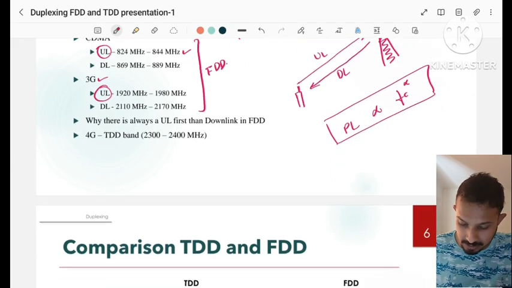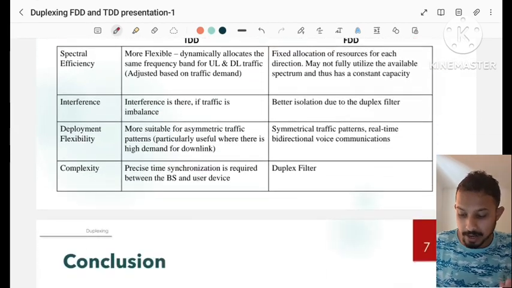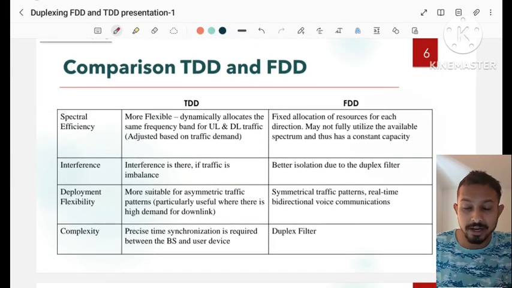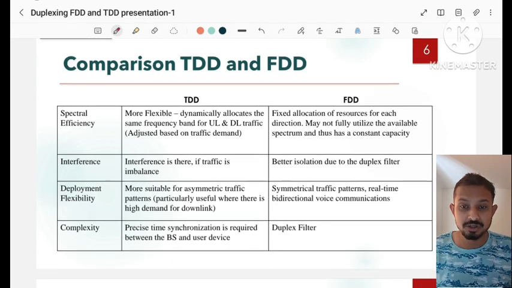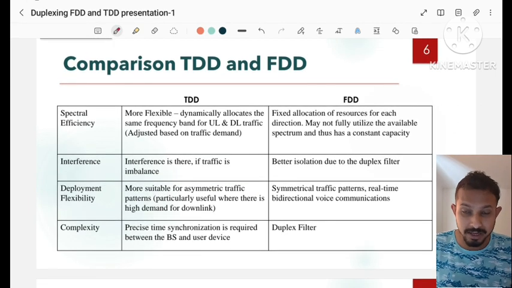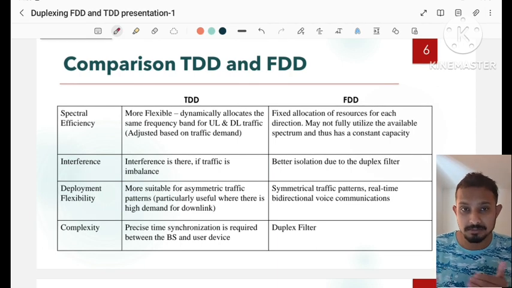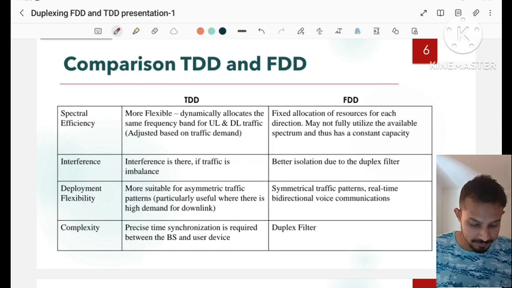So next we will see the comparison between time division duplexing and frequency division duplexing. It is very interesting to see the comparison between TDD and FDD, because we need to design some system at some point of time.